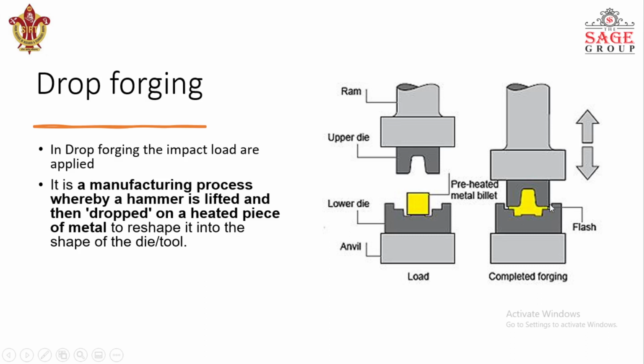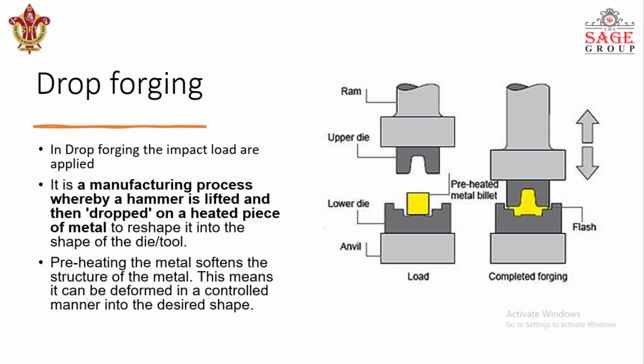Some extra part we will leave, which is called flash. Some extra material we will add so that complete filling of the cavity will be ensured. This is the important part that you need to remember.